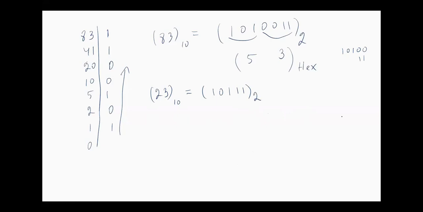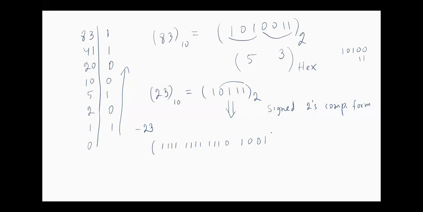And since we have minus 23, we have to obtain the signed 2's complement representation of this value, which is 1111 1111 1110 1001, with all the upper bits being ones.